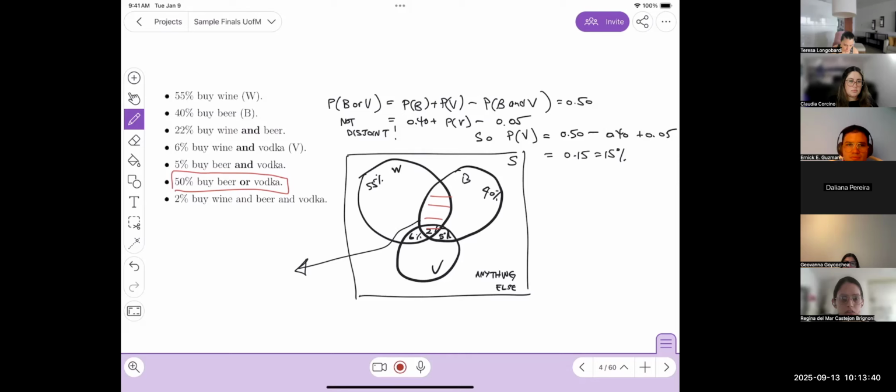But anyway, hold on, let me draw this. So this is beer or vodka. No, this is wine and beer. Wait, let me draw it here.